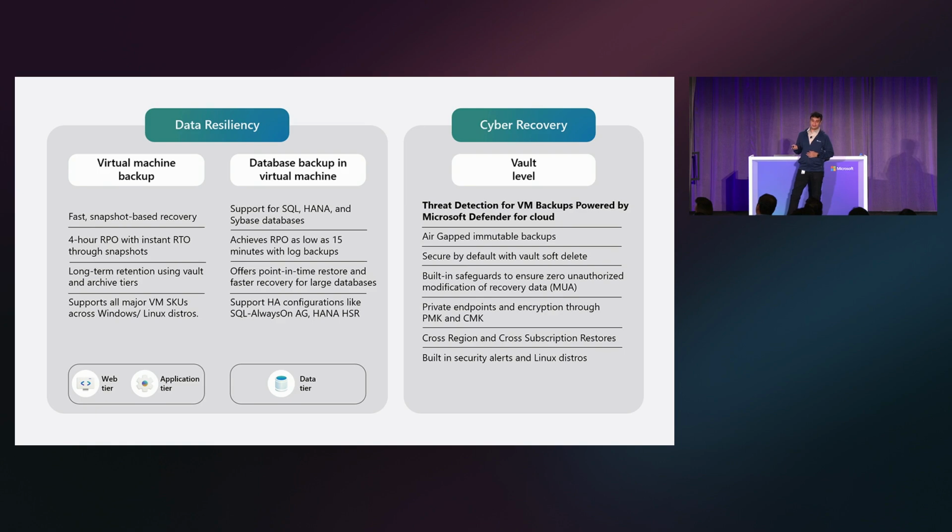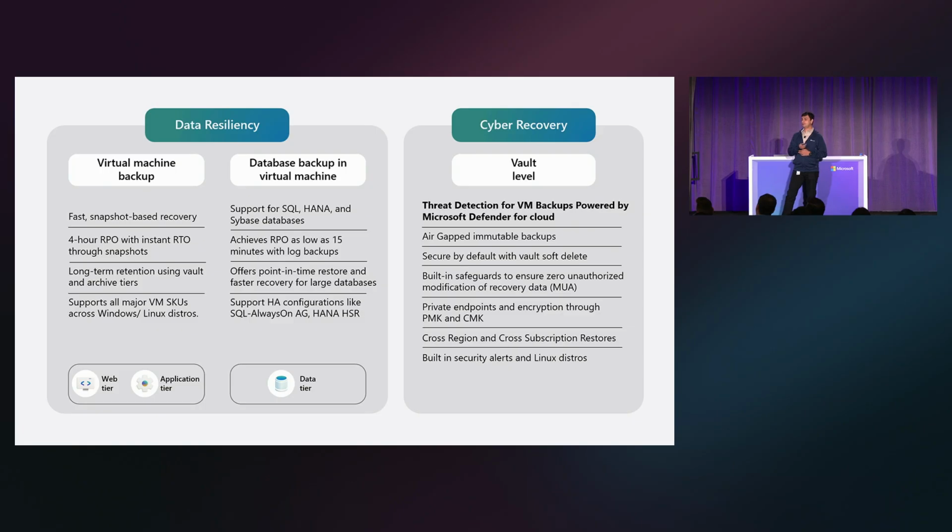But the exciting part is on the cyber recovery capabilities. If you think about it, when you take a backup, you need to feel confident that you should be able to restore from it. You should feel confident that even if your tenant was under attack, you still did not get attacked with the backup that was taken, and the backup allows you to restore at scale.